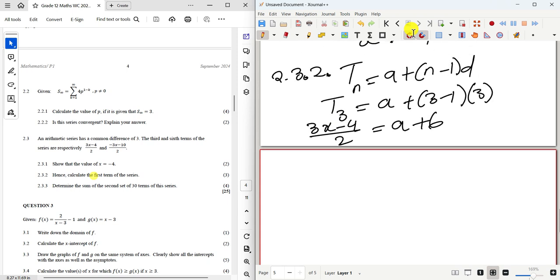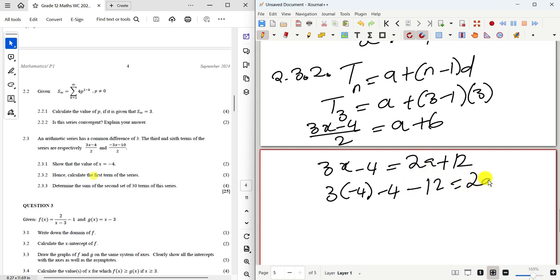Multiplying throughout by 2, you will have 3x minus 4 equals 2a plus 12. You still remember that x was equal to 4. We could have done that as well here, but let me just substitute it. This will be 3(4) minus 4 minus 12 equals 2a.